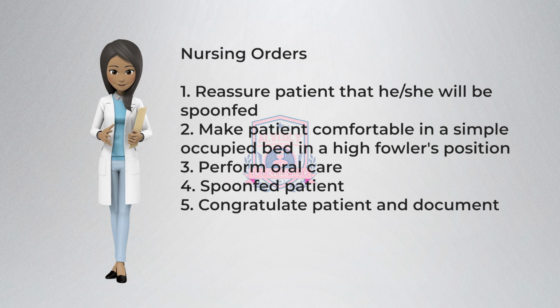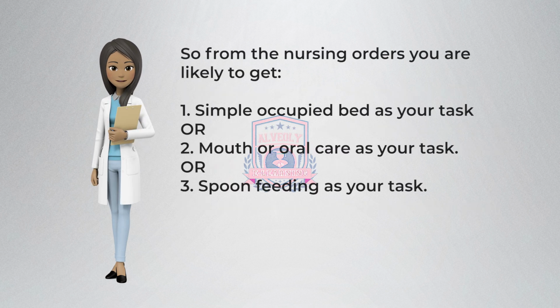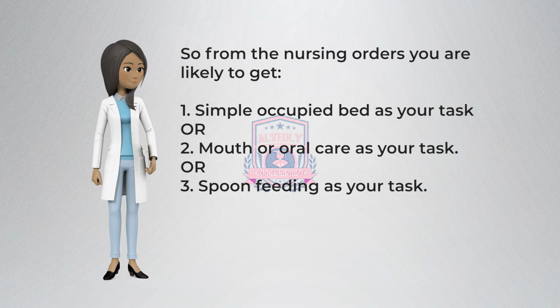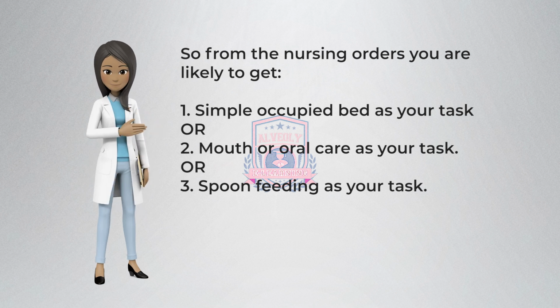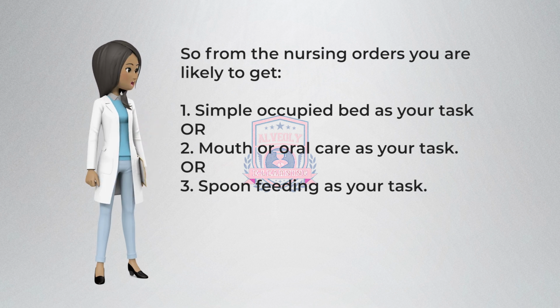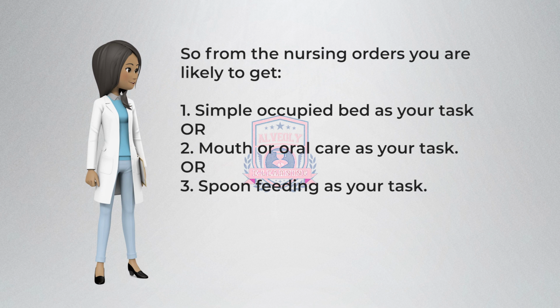Congratulate patient and document. So from the nursing orders you are likely to get: 1. Simple occupied bed as your task. Or 2. Mouth or oral care as your task. Or 3. Spoon feeding as your task.